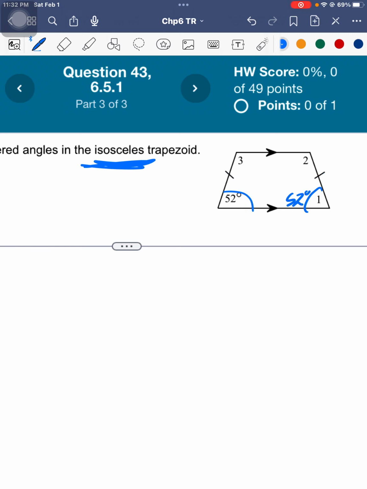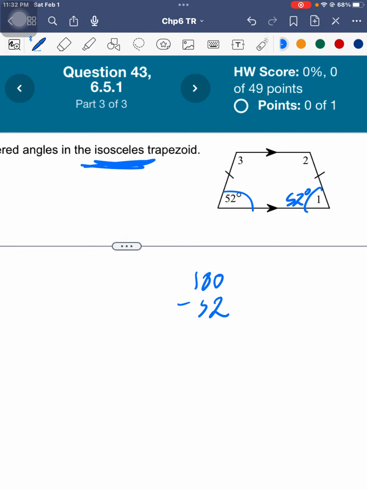So if this is 52, this is also 52. Also, consecutive angles on the side are supplementary. Why? Because if I extend it, they become same side interior angles on a transversal that cuts through parallel lines, which are supplementary.